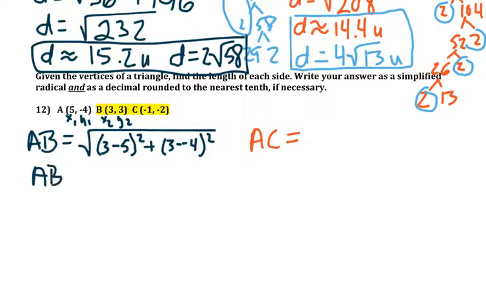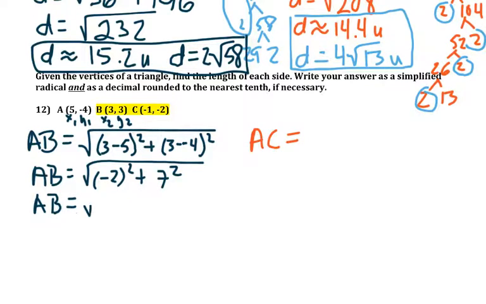So AB is equal to the square root of -2 squared plus 7 squared. So AB is equal to the square root of 4 plus 49. So AB is then the square root of 53.